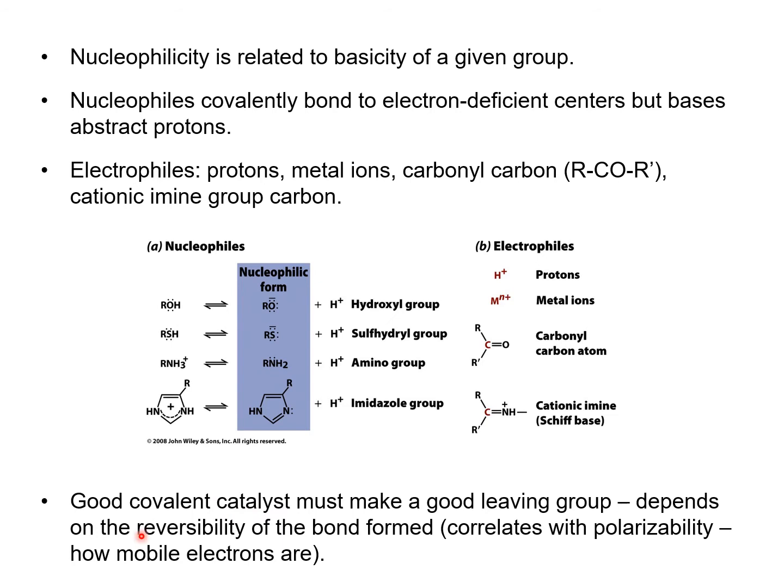So the reversibility is the key for making such a breakage, and that property is correlated with the polarizability of the intermediate, which reflects how mobile the electrons are within that intermediate molecule.